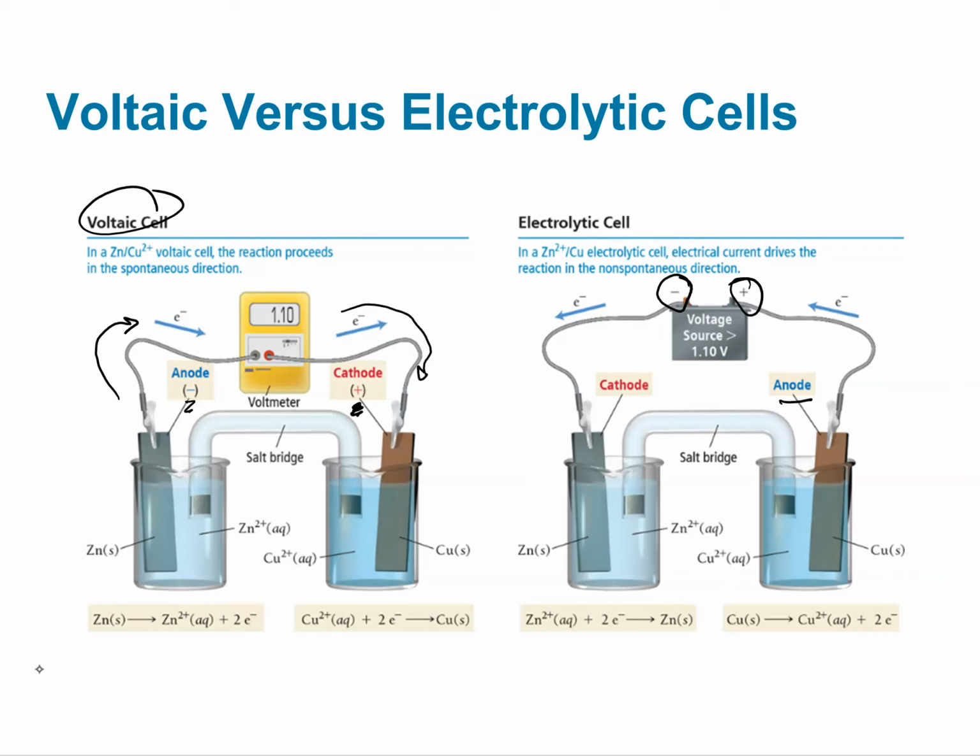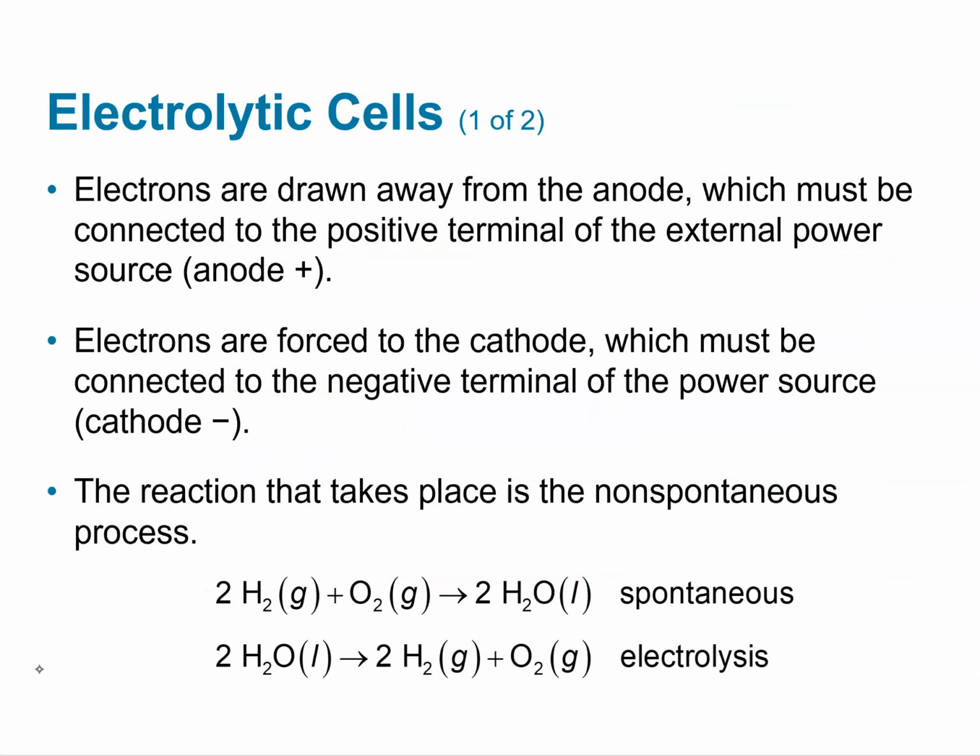So let's dive into this a little bit more. So, in electrolytic cells, electrons are going to be drawn away from the anode, which has to be connected to the positive terminal of the external power source or battery. And electrons are going to be forced to the cathode, which must be connected to the negative terminal of the power source or battery. And the reaction that takes place is going to be non-spontaneous, but we're going to be motivating it through this applied voltage.